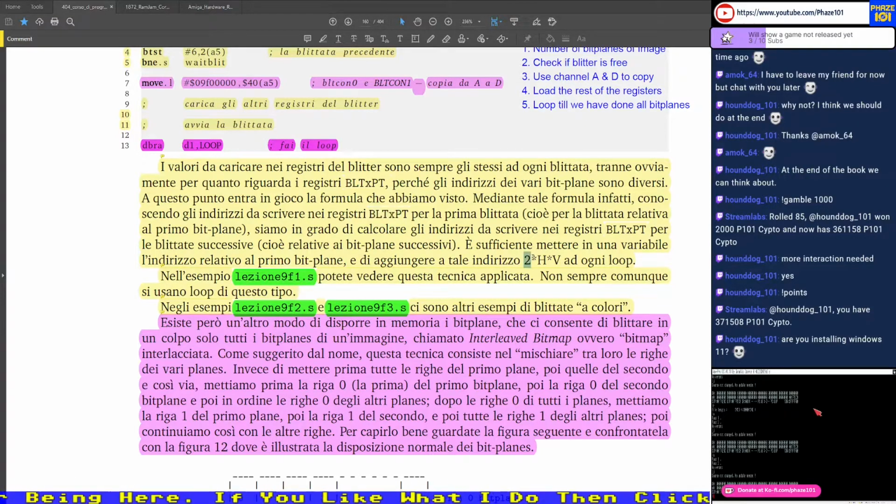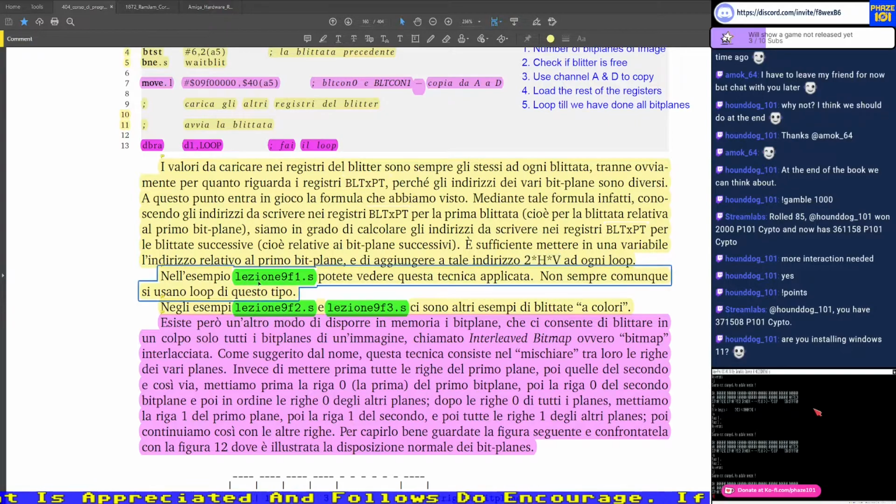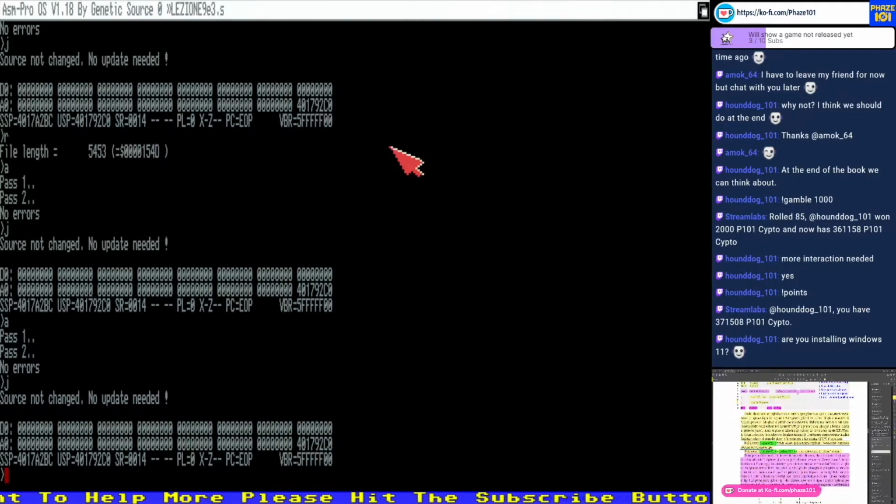And we use the usual formula, 2 times h times v, which is the size of a bit plane, which is what we need to add to go to the next bit plane. So let's go to the examples. Let's jump to the Amiga and do the first example, which is 9F1.